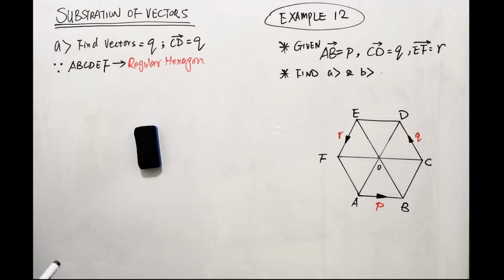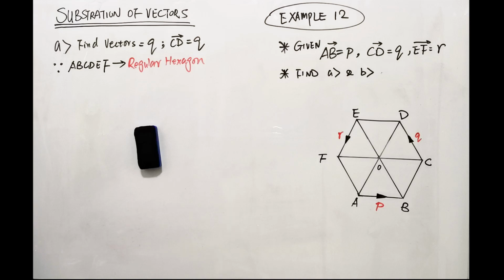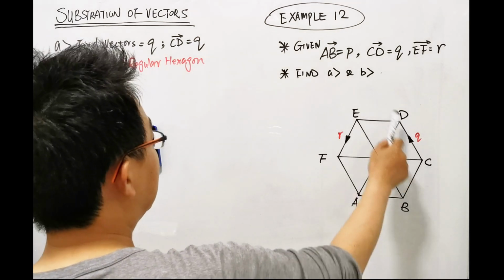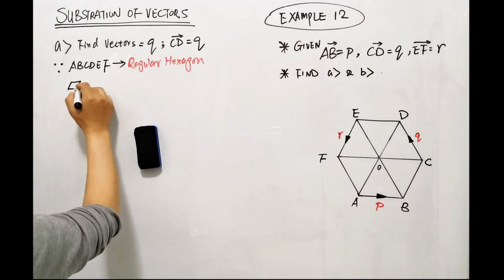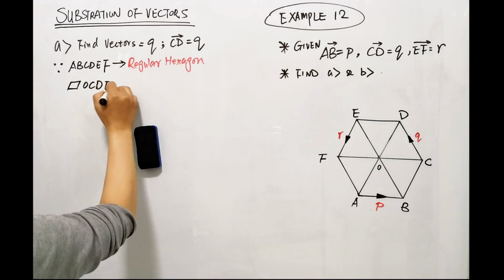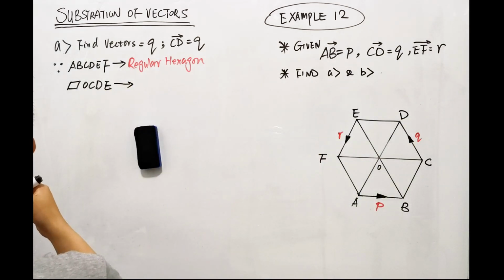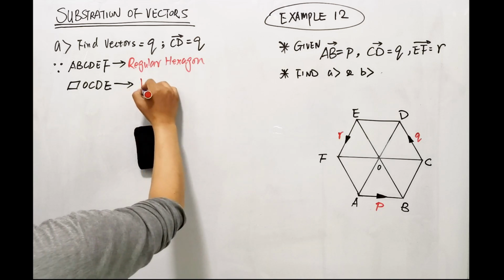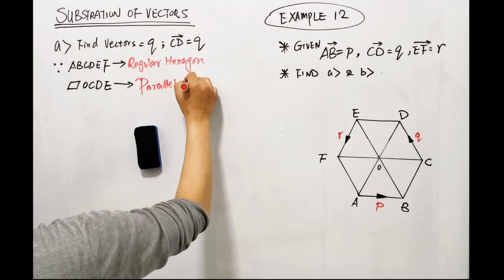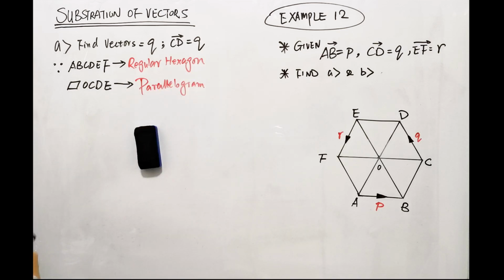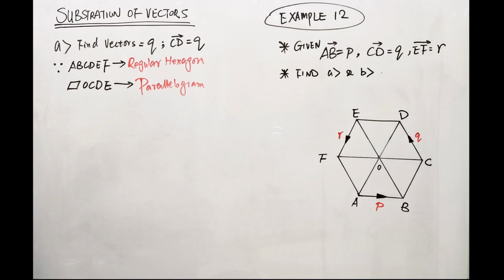So CD equals Q. Because ABCDEF is a regular hexagon, inside this we can also find OCDE. OCDE is also a parallelogram, right? So from here we can find this.